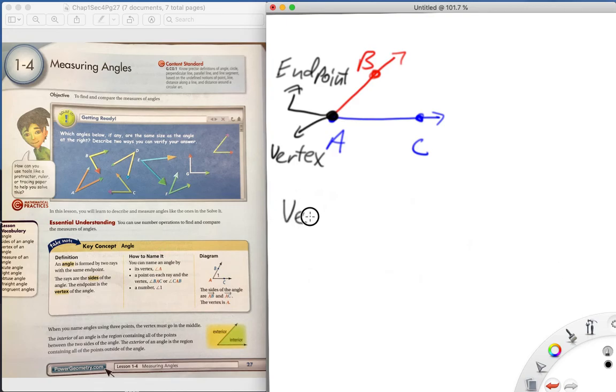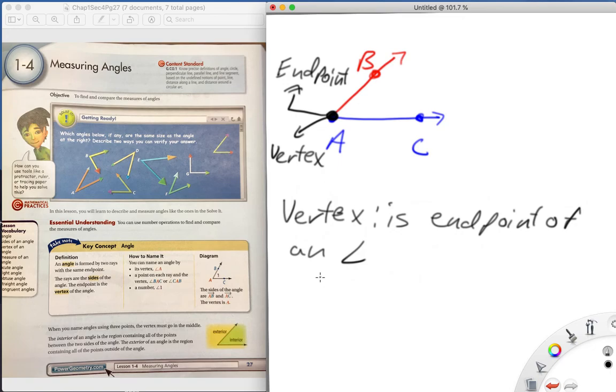According to the book, the vertex is the endpoint of an angle. So instead of calling it an endpoint, we call it a vertex. And when they share the same vertex, we call it an angle.